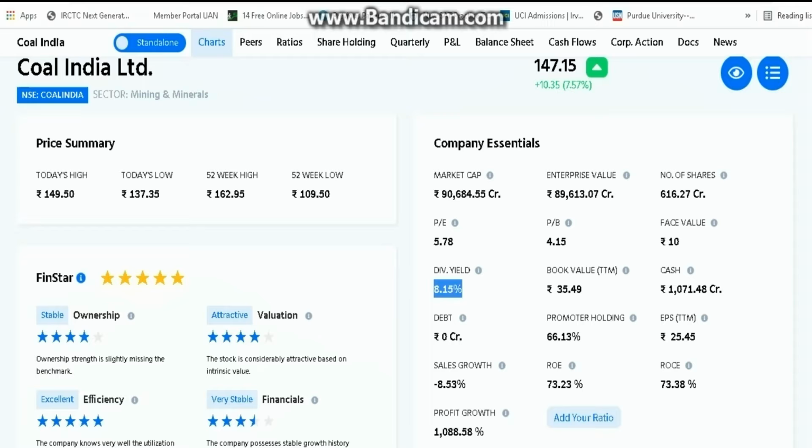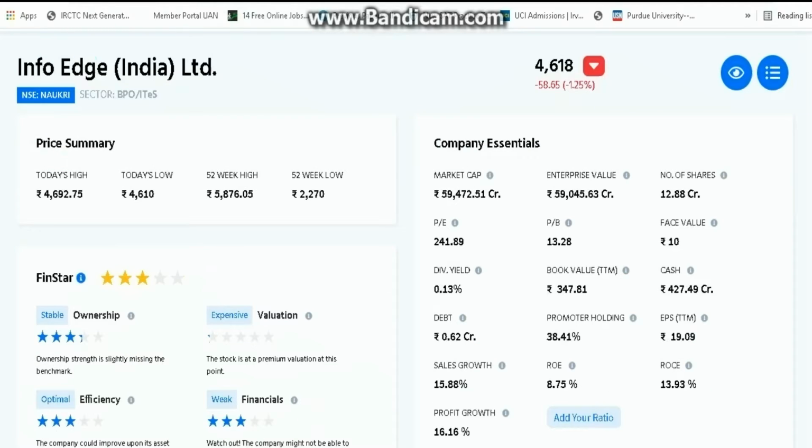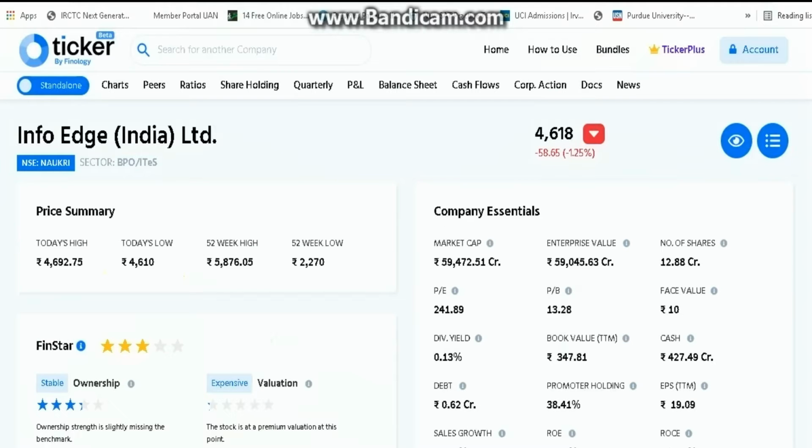The next company which we can see is InfoEdge. Let us see InfoEdge India Limited. Here you can see the dividend yield is 0.13 percent. InfoEdge is giving 0.13 percent of its annual yearly growth to the shareholders. This is a very low percentage, but the company needs a lot of profit, which it is spending.